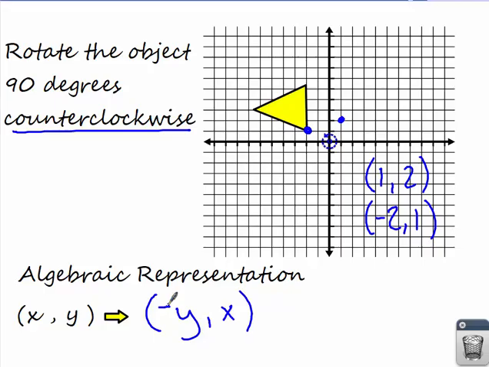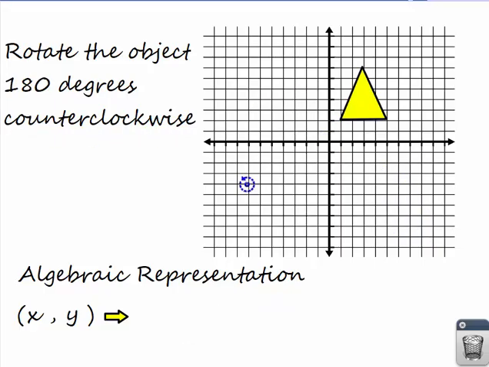That happens any time we do a rotation of 90 degrees counterclockwise: x and y trade places, and the y value goes to its opposite. Remember that this x and y does not refer to a positive x and positive y, but just whatever the original coordinates are. So that's a 90-degree rotation counterclockwise.